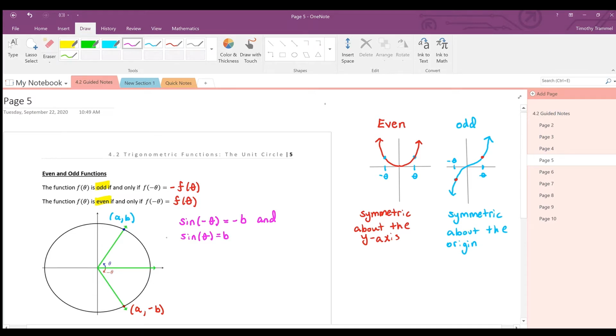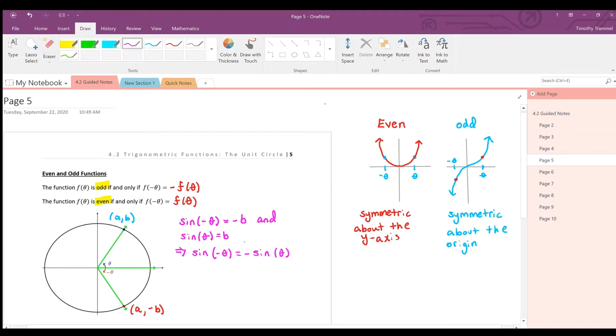And so what this tells us is that sine of minus theta is equal to minus sine of theta. And so that means that sine is an odd function. Okay, sine is an odd function, so it's going to be symmetric about the origin.